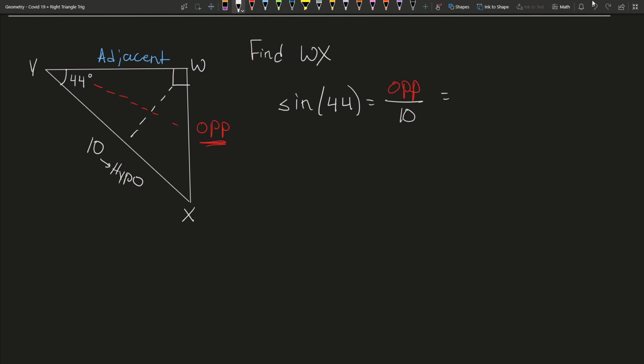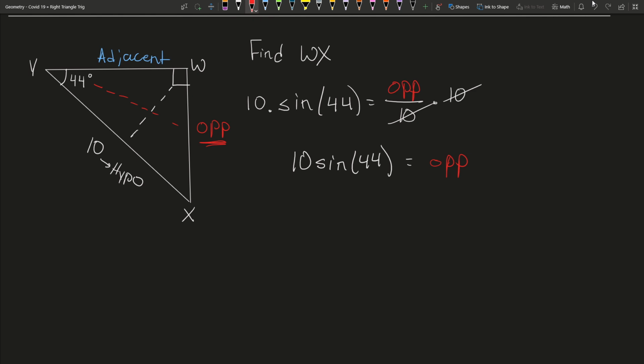You can do it either way you want. I'm going to multiply by 10 on both sides first to get the opposite by itself. So then we have 10 times the sine of 44 is equal to the opposite side.